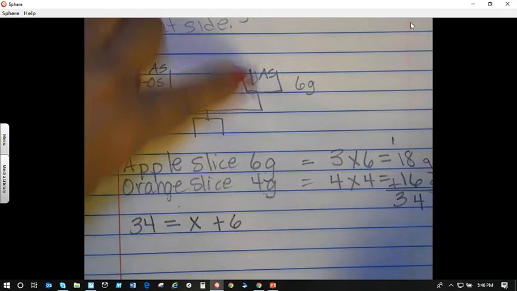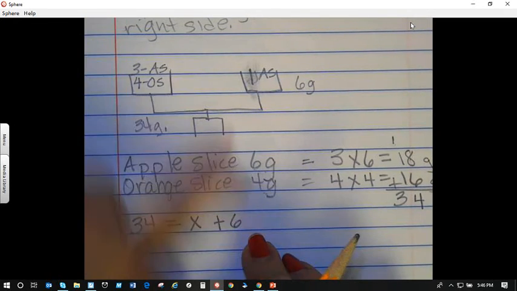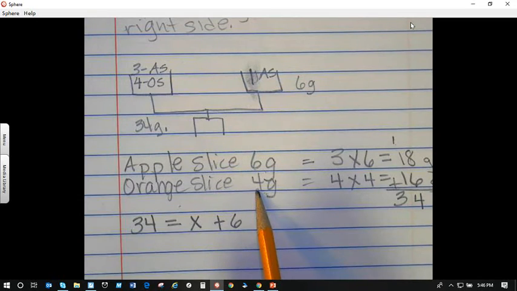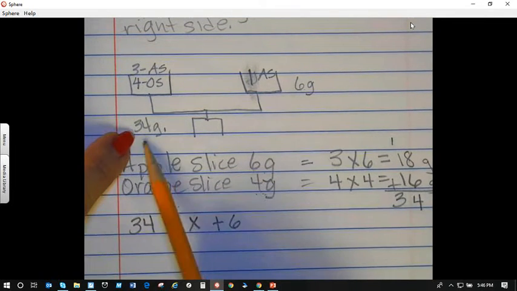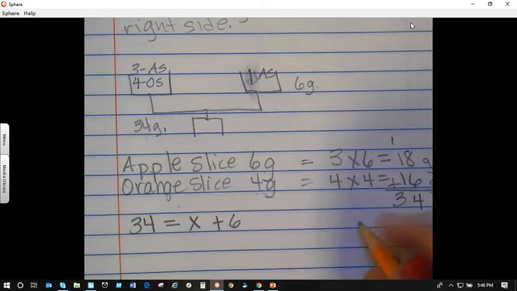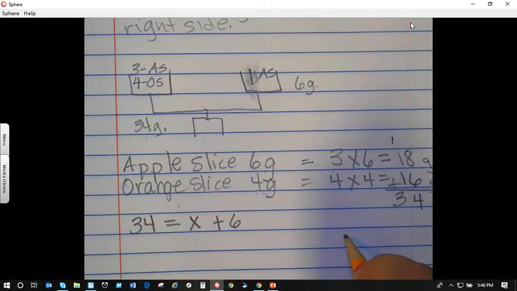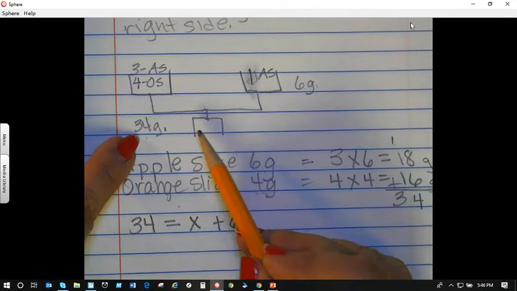So my apple slice is 6 grams. How many more oranges then would I need? Well, let's look at this. How far am I away from 34? 28. Very good, because I took the difference, because I needed to see how far I am away.